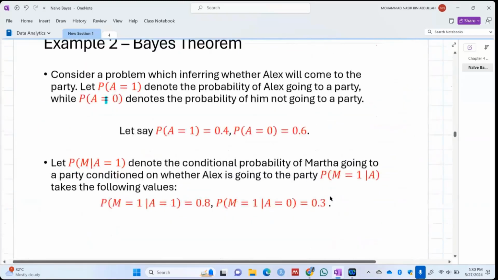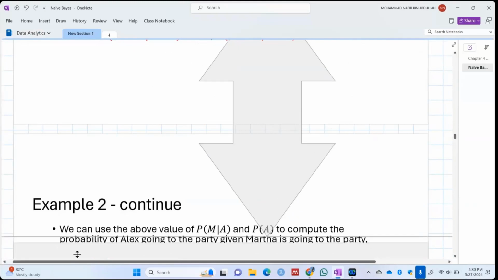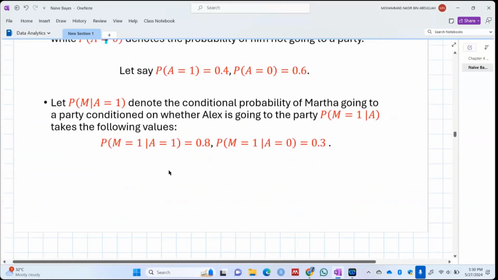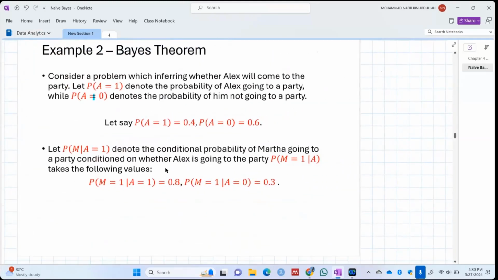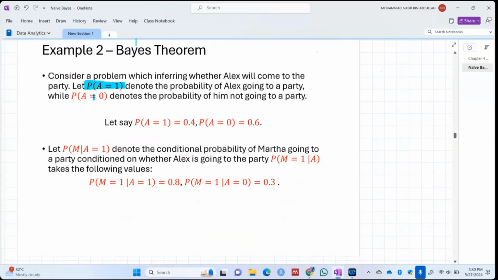Let's look at the second example. I think I already provided the answer, but maybe I will explain it in another way. Let's consider a problem of inferring whether Alex will come to the party. Let's say Alex coming to the party is A equal to 1, denoting that Alex is going to the party.